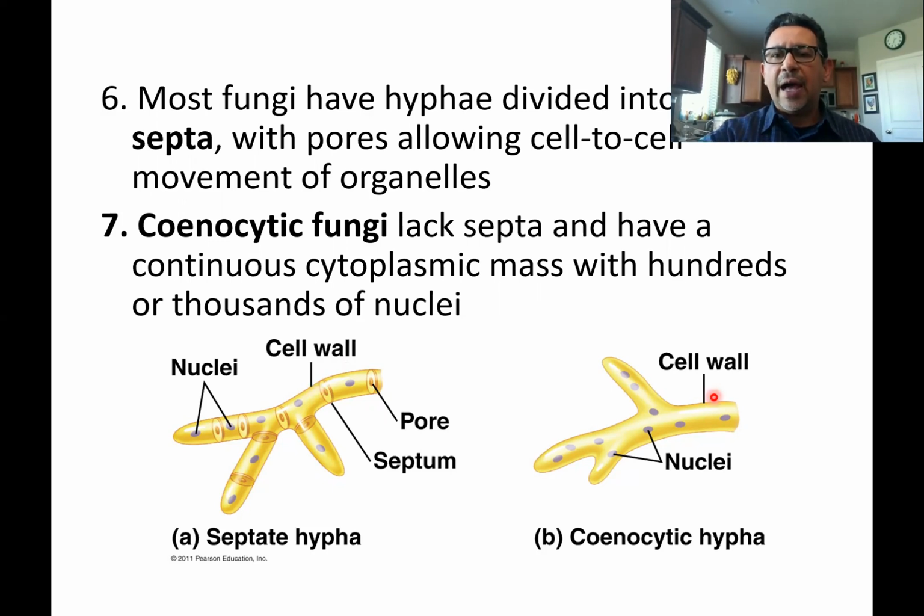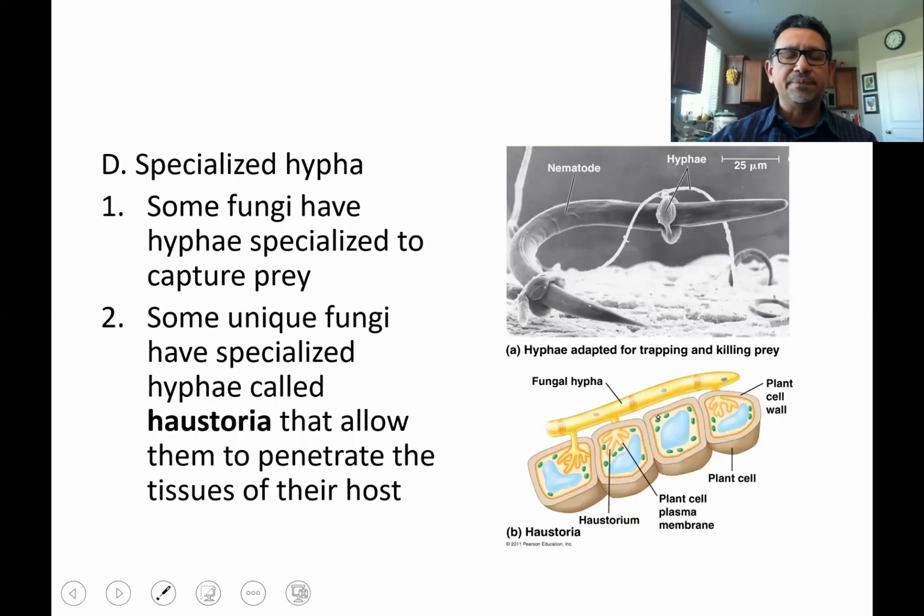So other hyphae in some fungi are going to lack those dividers, those septa, and they're going to be known as cenocytic hyphae. So we have two kinds: the septate, which means they have septa separating one cell from another, and also hyphae that don't have the septa, or cenocytic hypha.